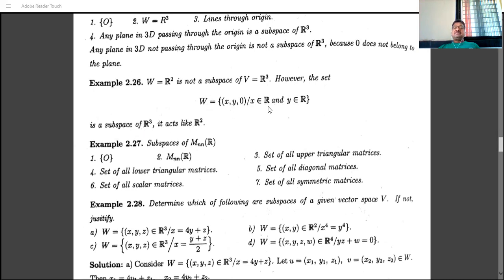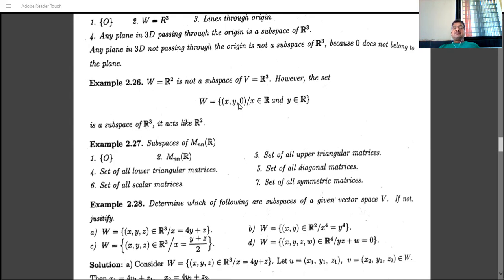But R square itself is not a subspace of R3 because it is not a subset of R3, which is the set of 3-tuples. We can give the proof of this example using the 2 conditions.